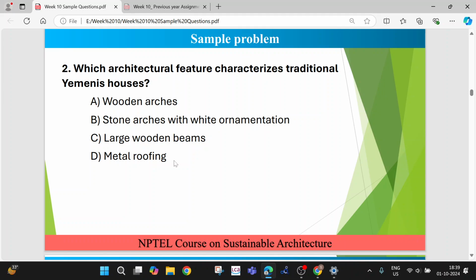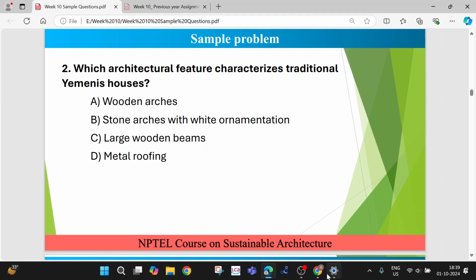So from that you can answer whether the wooden arches, or the stone arches with white ornaments, or large wooden beams, or metal roofing. Which of the four options was the feature of the traditional houses in Yemen, and the houses were called Yemenis houses in fact.